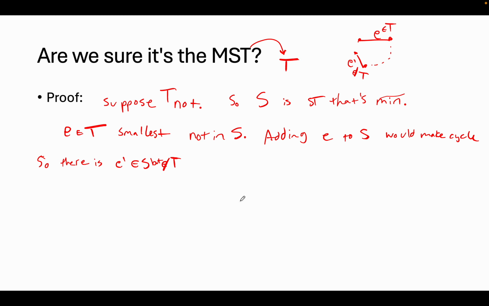So if we take E prime, throw it away from S, replace it with the E, then we get a different spanning tree.